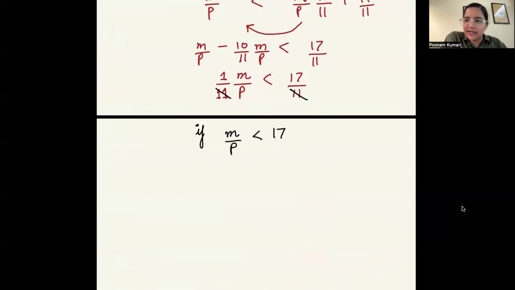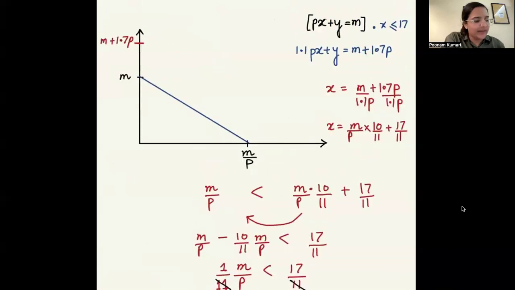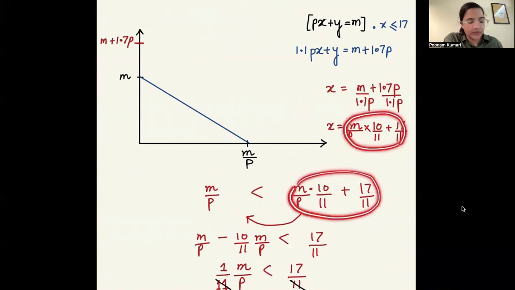What was M by P, less than 17 or greater than 17? Greater. So in that case, this point is not bigger. This will be less, right? So that means we will have it somewhere here.